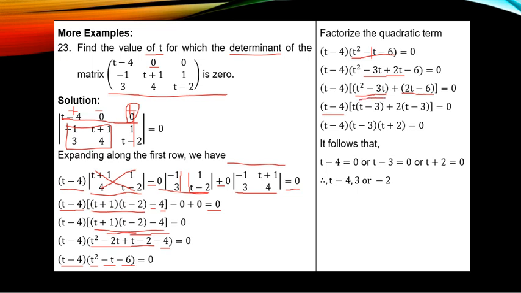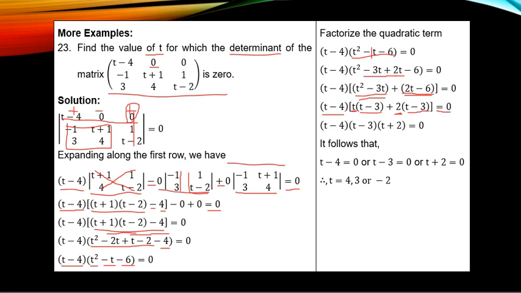You factor out t, so if you use t to divide t squared minus 3t, you have t minus 3. From the second group, 2 is common. If you factor out 2 and use 2 to divide 2t minus 6, you have t minus 3 left, then equal to 0.